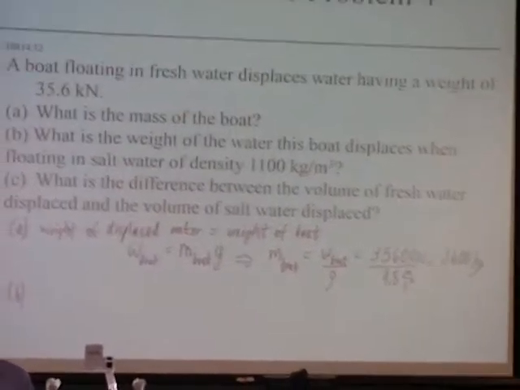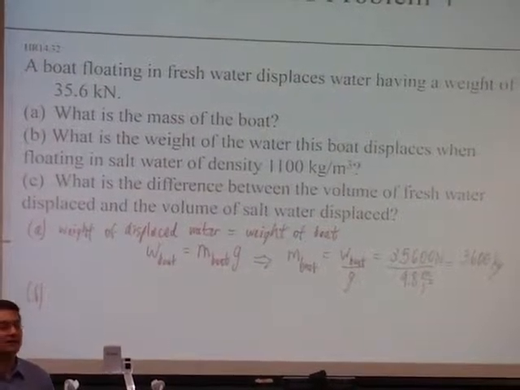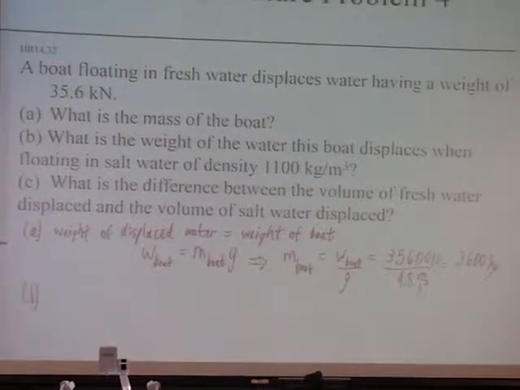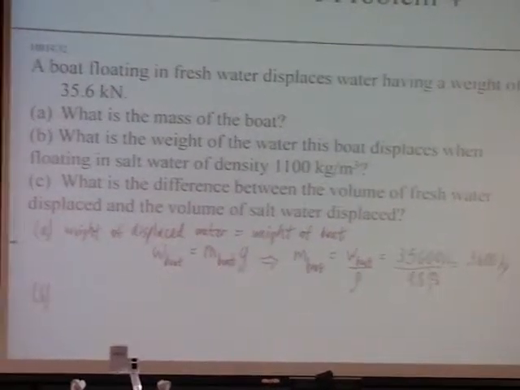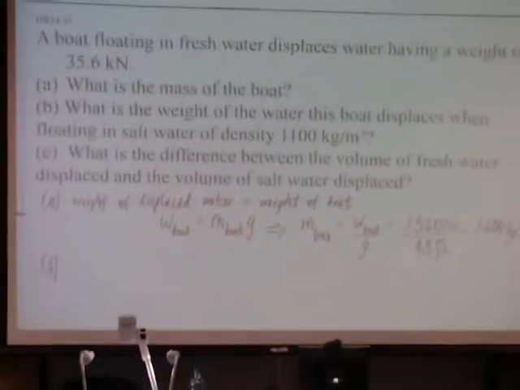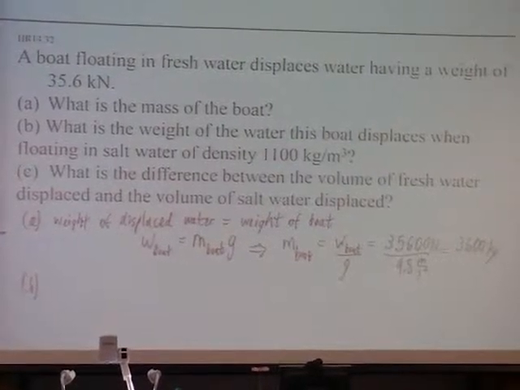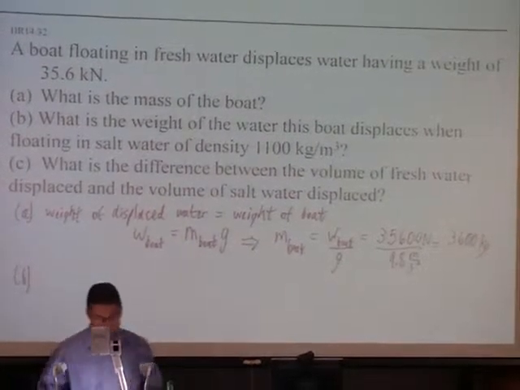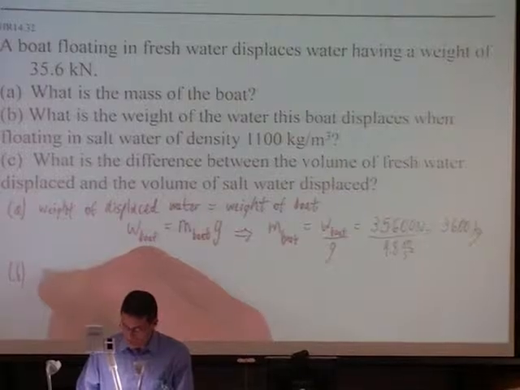The boat always displaces its own weight in fluid, okay? So if it displaces 35.6 kilonewtons of fluid in fresh water, it displaces 35.6 kilonewtons of salt water. It doesn't matter.